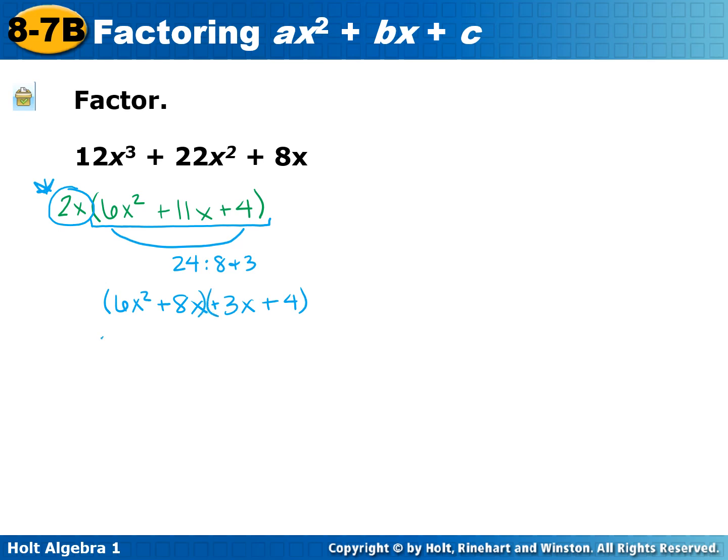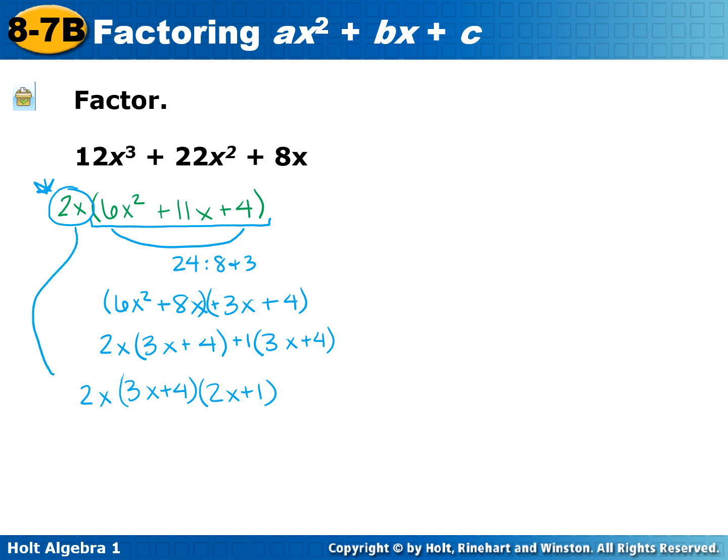I'm going to factor. Nothing can be factored out of that one, so I write my 1 there just for reference. But don't forget that 2x, guys. Got to bring it down. And it's factored.